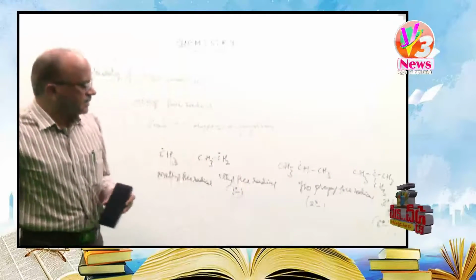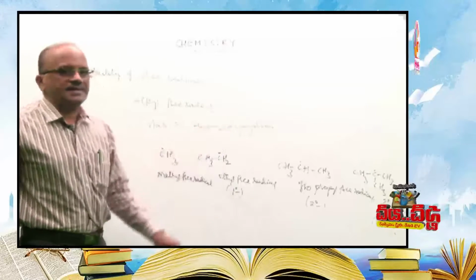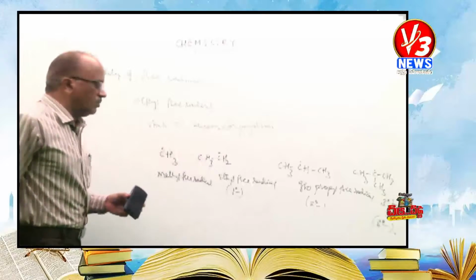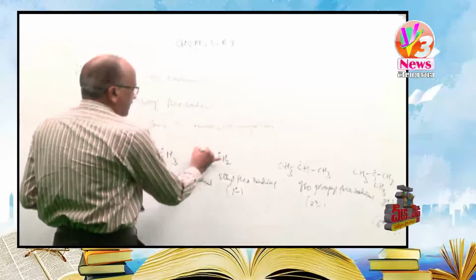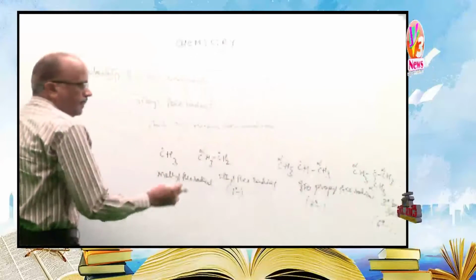And yesterday we discussed applications of hyperconjugation. Free radicals are stabilized by hyperconjugation. The more the number of alpha hydrogens, the more is hyperconjugation. So, if you take here, this is alpha, this is alpha, this is alpha, here alpha, alpha, alpha. Then the number of alpha hydrogens increases.